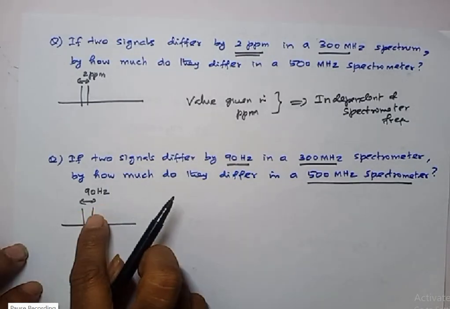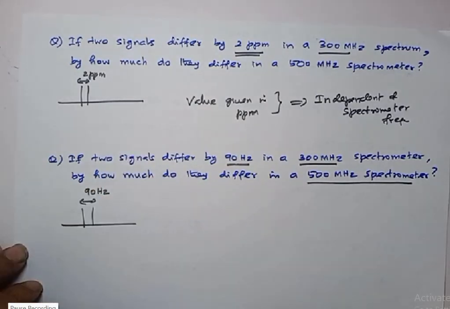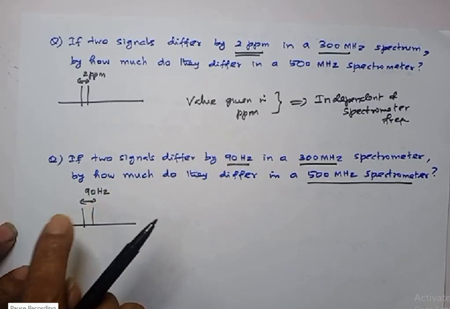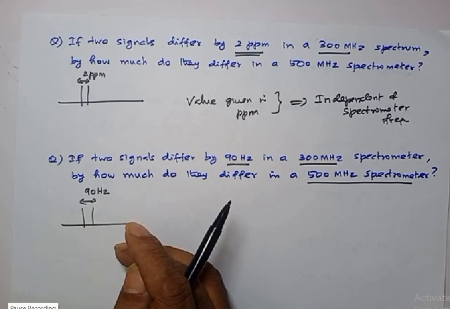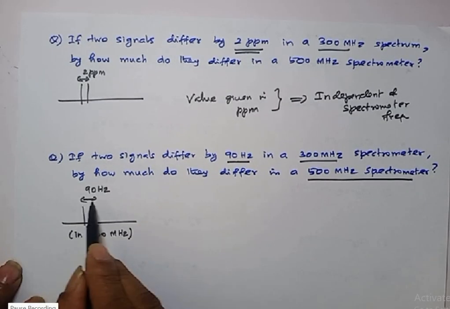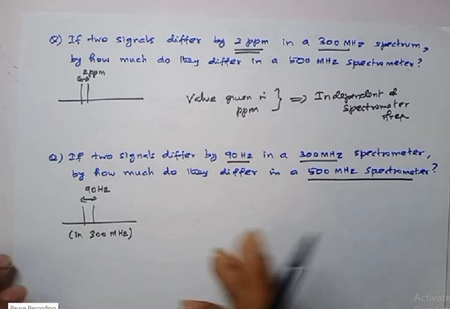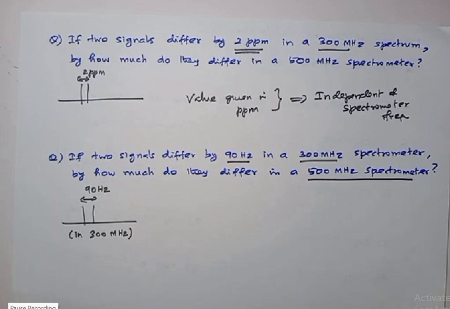If the gap between two signals is given in hertz, in frequency unit, it depends on the spectrometer frequency. So what to do? In a 300 megahertz spectrometer, the gap is 90 hertz. Instead of 300, if you use 500, what will happen to the gap? What to do?